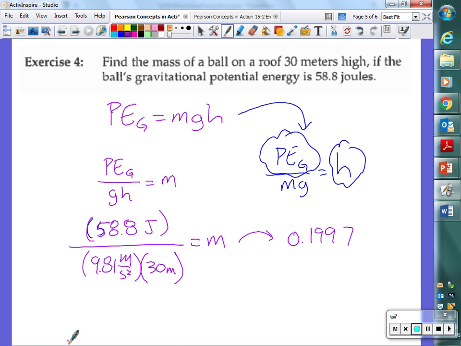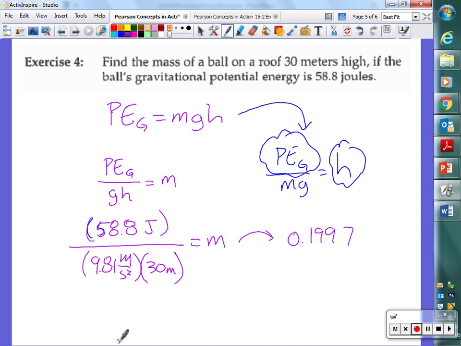From a sig dig's standpoint, how many sig digs does our answer have to have? 1. Okay. Maddie, why 1? Good. So 30 has the least number of significant digits because it only has how many significant digits, Maddie? Just 1.